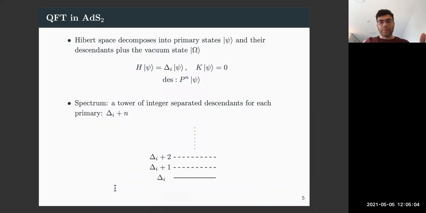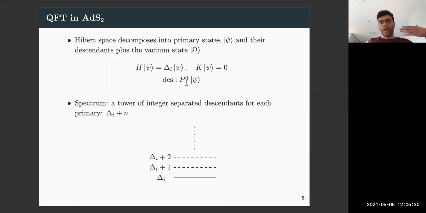All of the Hilbert space will decompose, as a consequence of the algebra I showed you, into primary states I call psi_i and their descendants. So the action of the Hamiltonian on these primary states gives the dimension of that state, delta_i, and the action of the special conformal generator on a primary vanishes it.